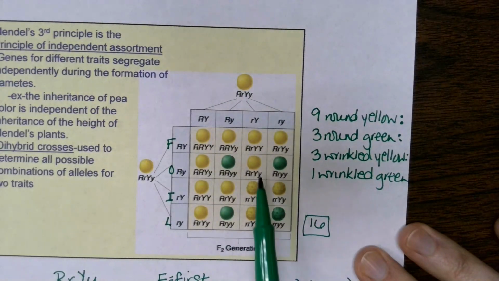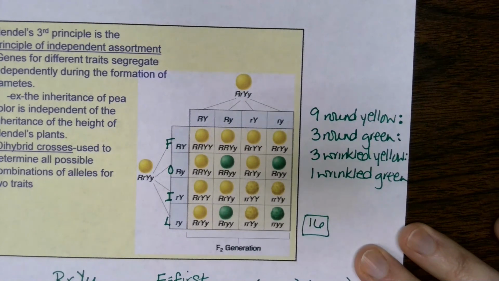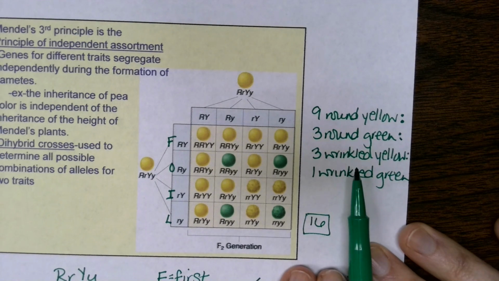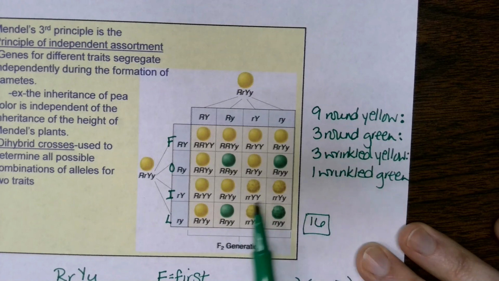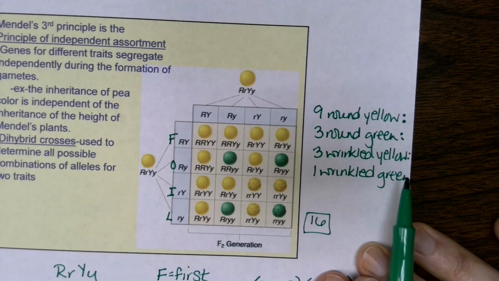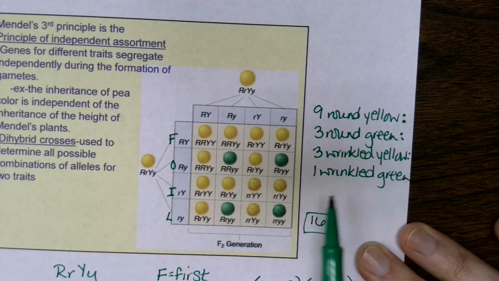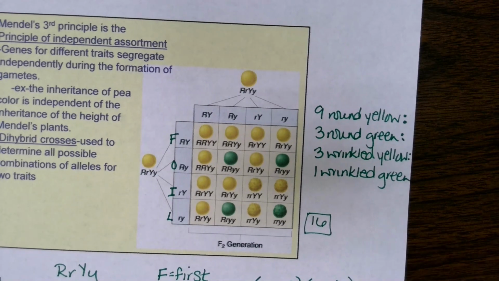You've got to get all of your round and yellow, and then all of your round and green in this example written down. Then you're done with the dominant phenotypic form of the shape. Then you take care of your recessive form of the shape. You get your recessive wrinkled and dominant yellow, 3 of those, and then both forms of the recessive gene phenotypically.